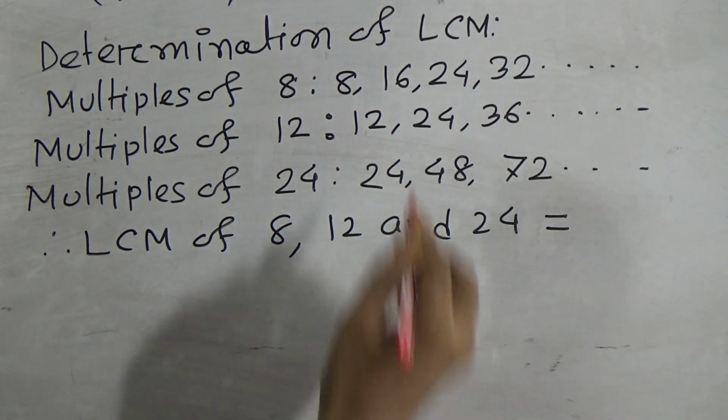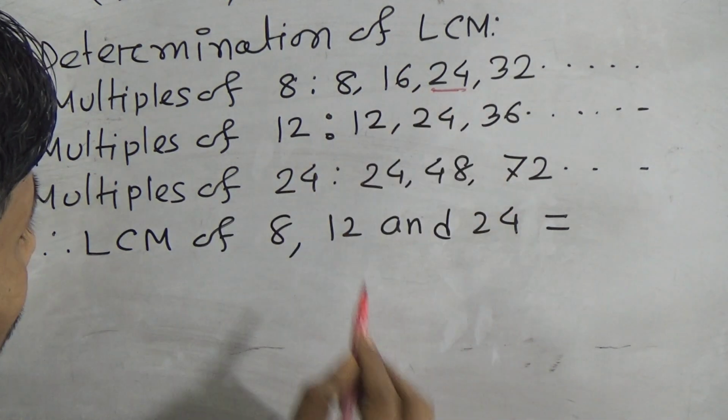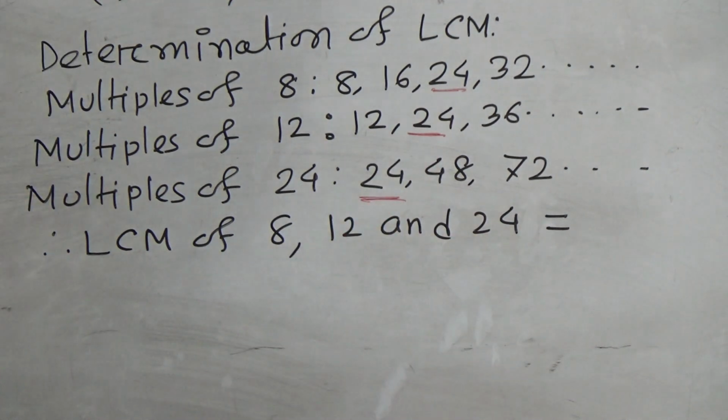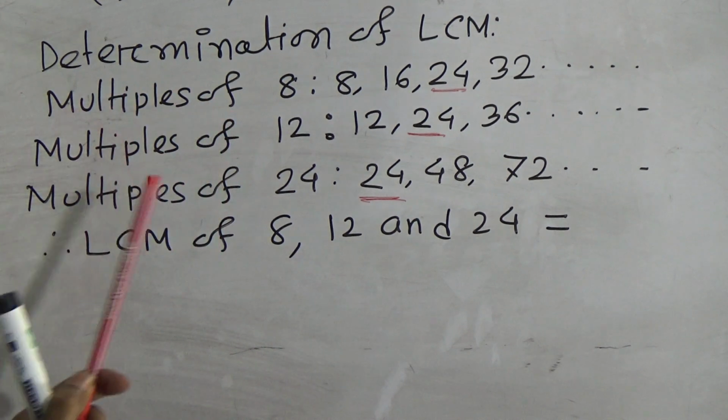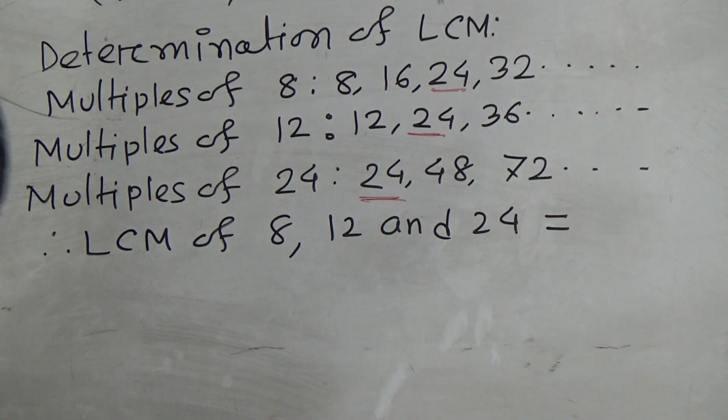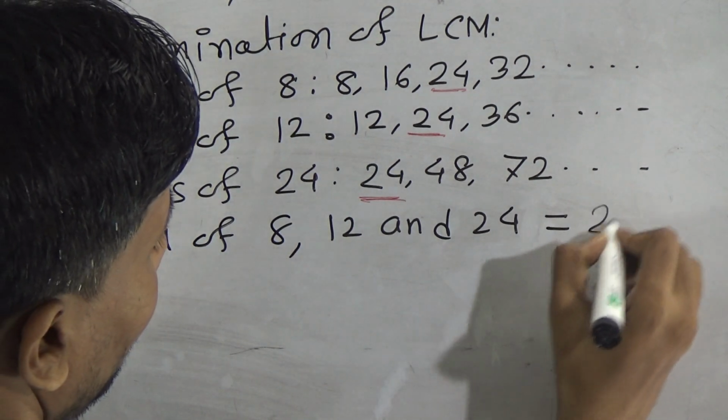You see here 24 is the common. Here is also 24 and here is also 24. This is called least common multiple or lowest common multiple. Among 8, 12 and 24, 24 is the lowest common. So 24 is the LCM, right? 24.